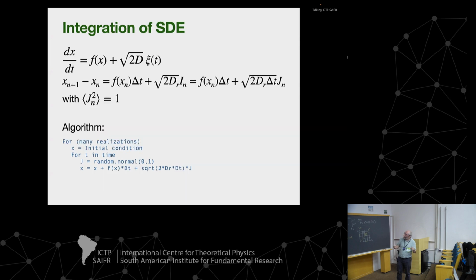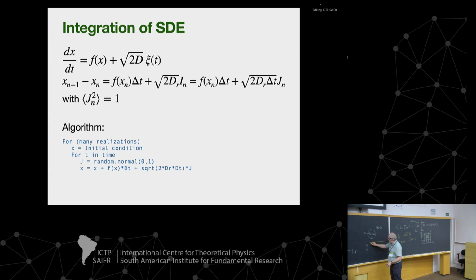Adaptive Euler means that the time step is not uniform, and you can do it directly because it's a one time step scheme. Xn on the next time depends only on the previous one. So at this moment you decide which time step, and then you move. And you have to use this square root of delta t, depending on the delta t that you're using at that moment.